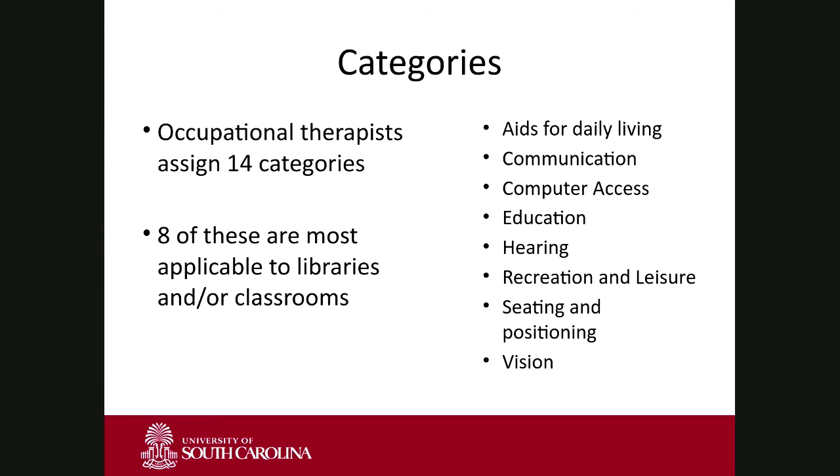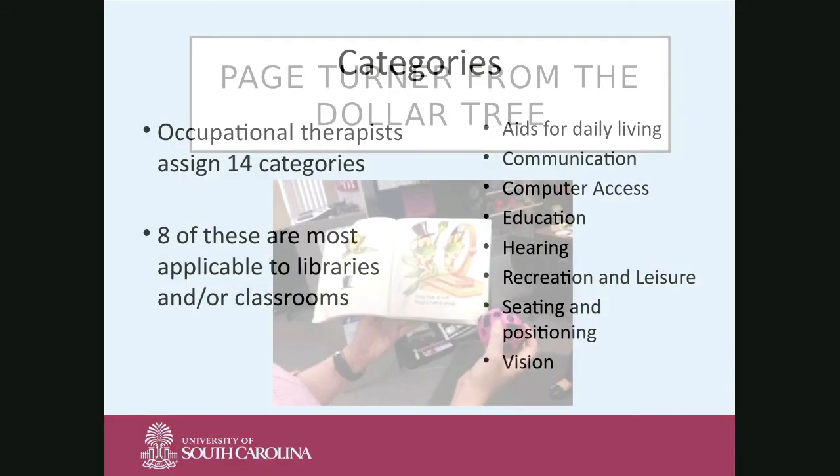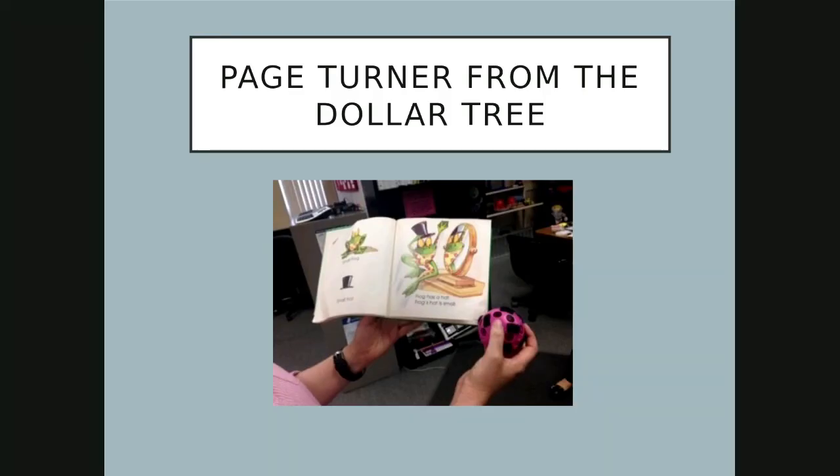Something as simple as a pencil grip or a cushion for positioning is considered an assistive technology. And I have some examples here of things that we can use and share with our communities for adapting materials. Some of these examples are just page turners.